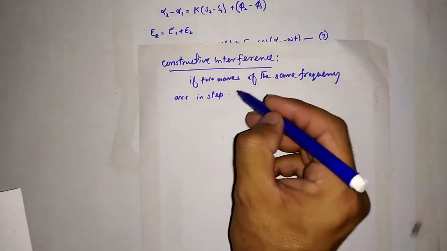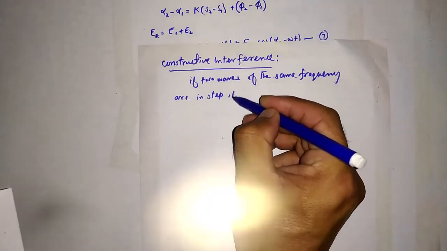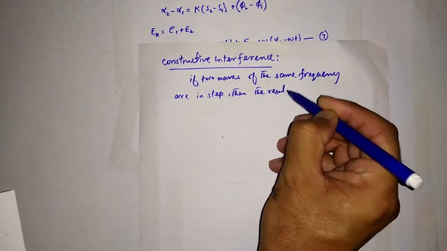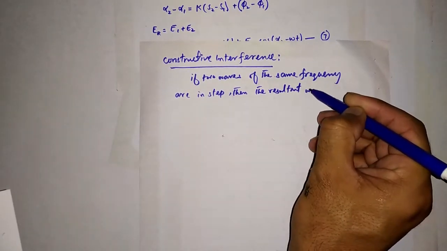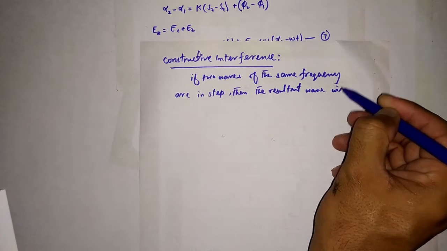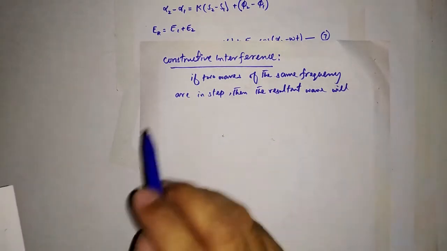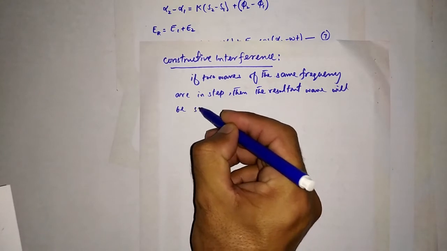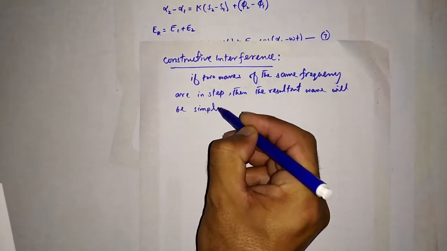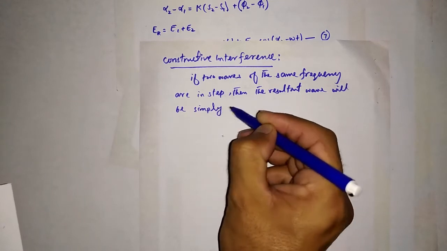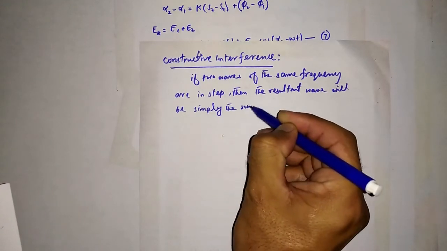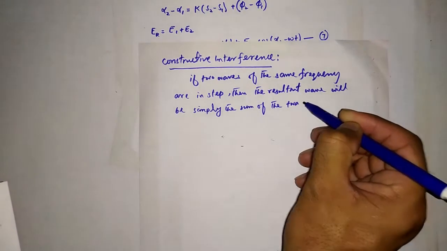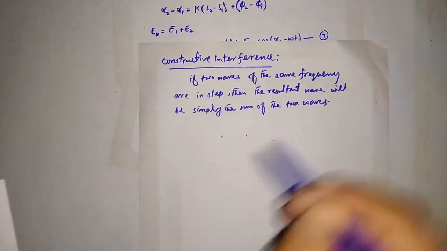So the resultant wave, the amplitude of the resultant wave, will be simply the sum of the two waves. Clear?